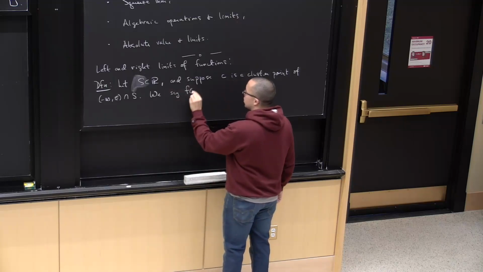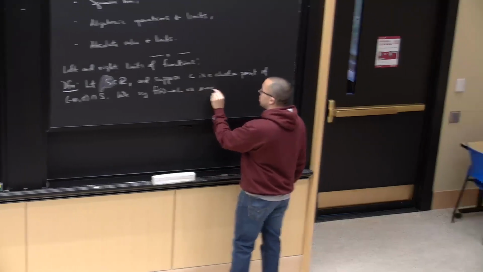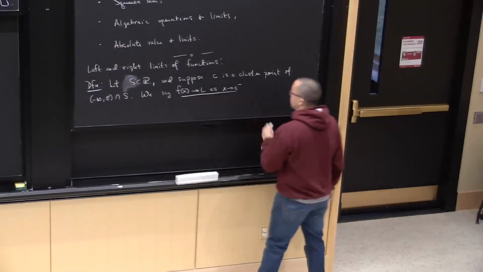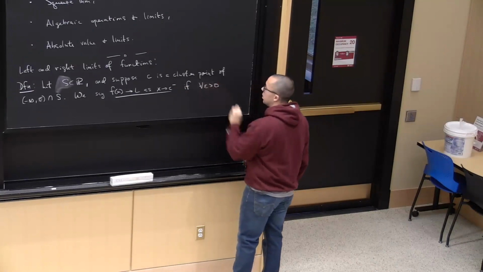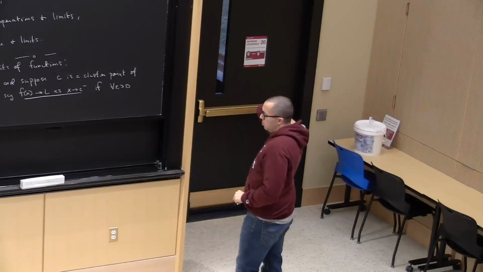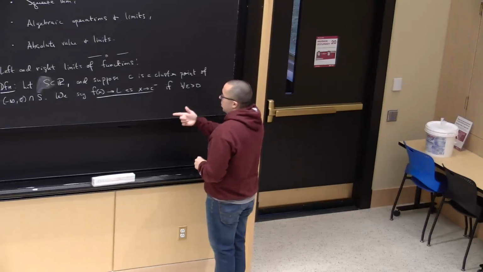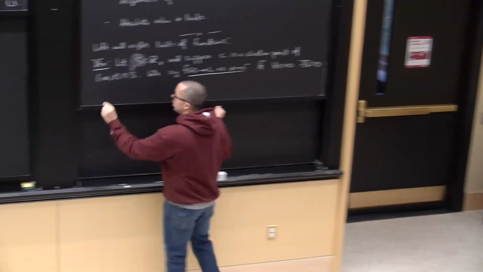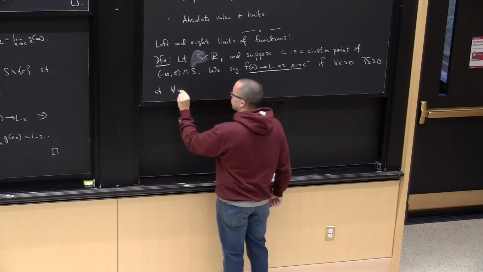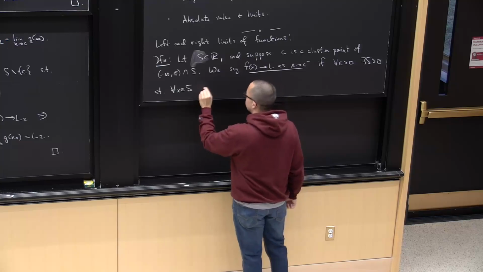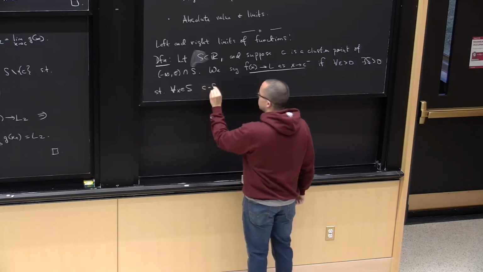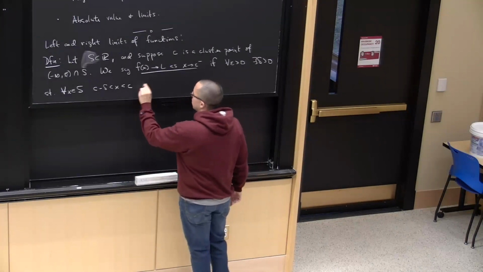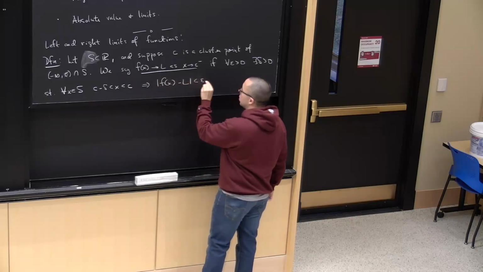We say f of x converges to L as x converges to c from the left, by putting a minus sign up here, if, and it's a similar definition as that of the limit, but now we only look at x getting close to c from the left: if for all epsilon positive, there exists a delta positive such that for all x in S satisfying c minus delta is less than x is less than c, so it's close to c but to the left of c, we have that the absolute value of f of x minus L is less than epsilon.